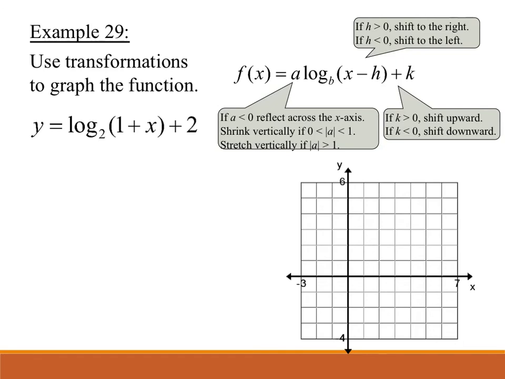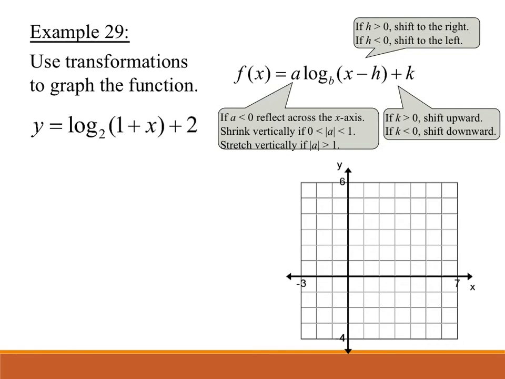For exponential functions, the horizontal asymptote is k. We will now see that in fact it is h that is the vertical asymptote for logarithmic functions.